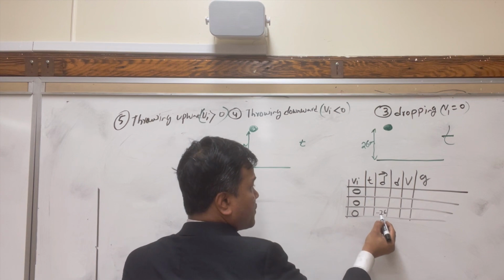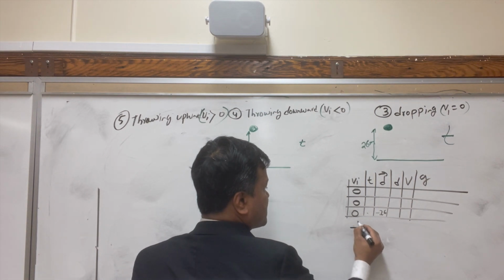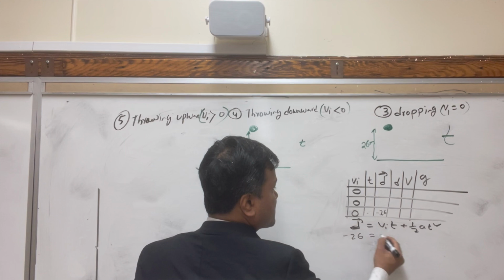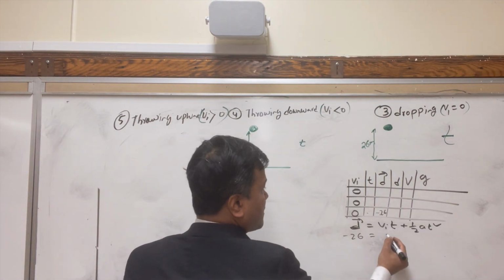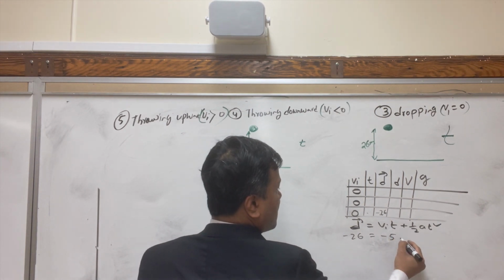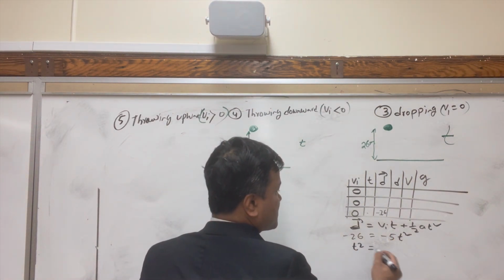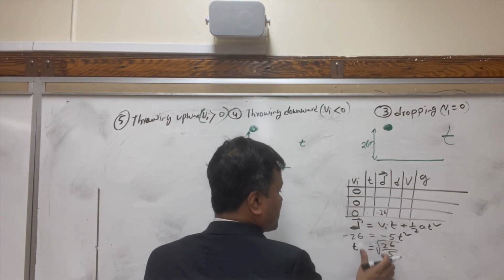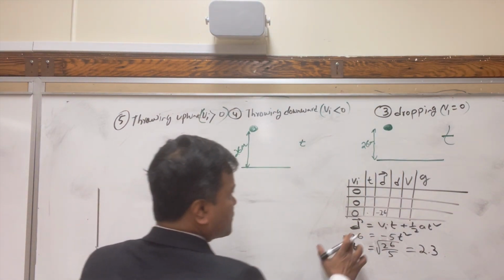So d is equal to Vi t plus half a t squared, which is 0, negative 5 t squared. So t squared is equal to 26 over 5, and you're going to take the square root, 2.3. That's it, 2 decimal places for tomorrow.